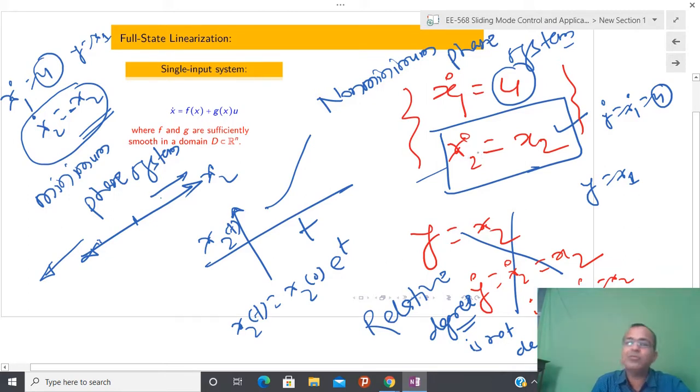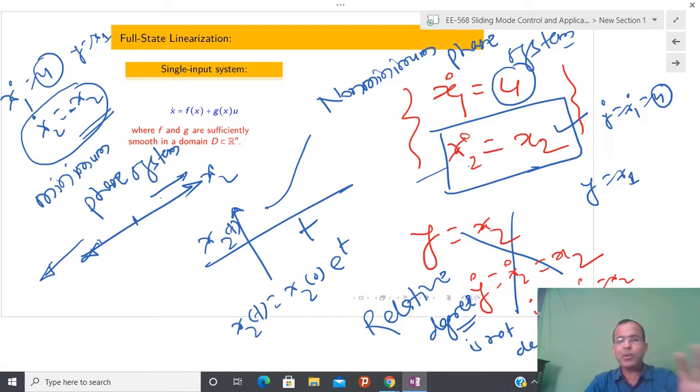So again, how to control a non-minimum phase system is one of the difficult problems, and one of the open problems till now. Very limited resources are available in this direction. I mean nonlinear non-minimum phase systems, because for linear ones we have certain ways, but for nonlinear non-minimum phase systems, that is still a very active area of research.